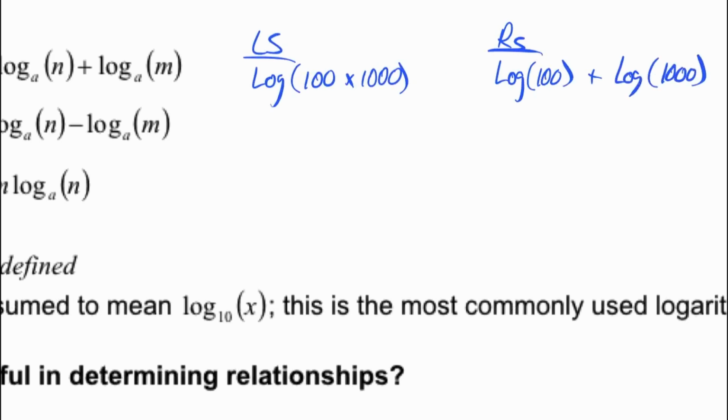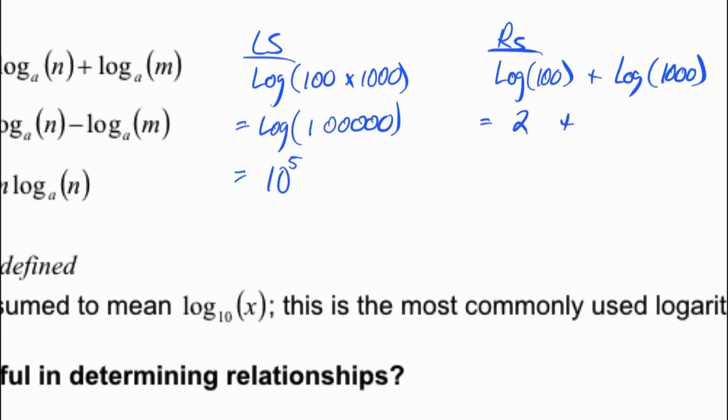When we write log by itself, without anything underneath it, that is assumed to be base 10. Okay, so let's actually work out the math here first of all. So this is the same as log of 100,000. So what exponent of 10 gives us 100,000? Well, 1, 2, 3, 4, 5, 10 to the 5. Now let's take a look at the right-hand side. Log of 100. So what power of 10 gives us 100?